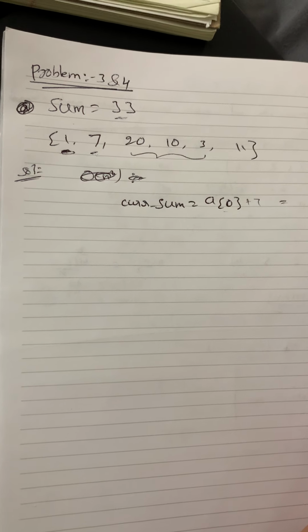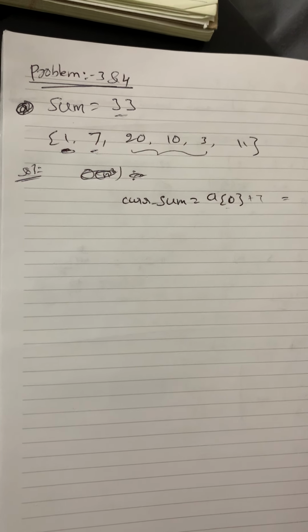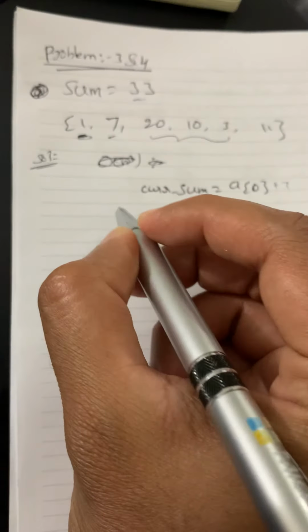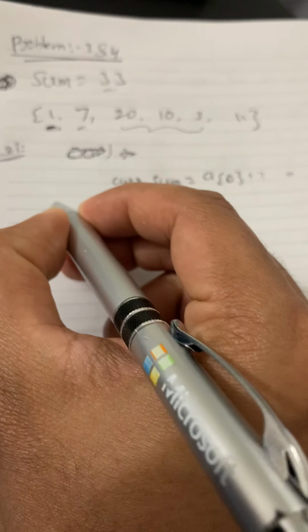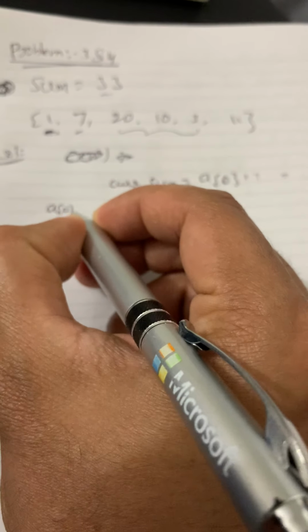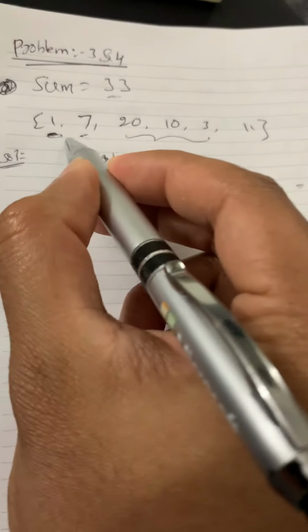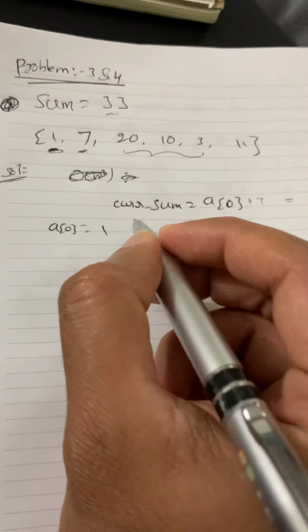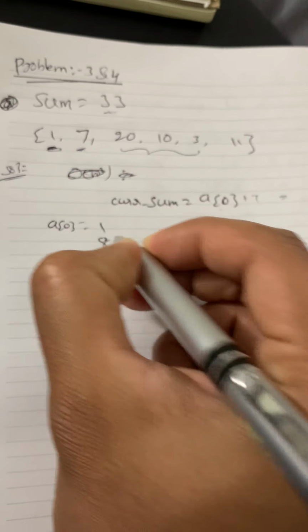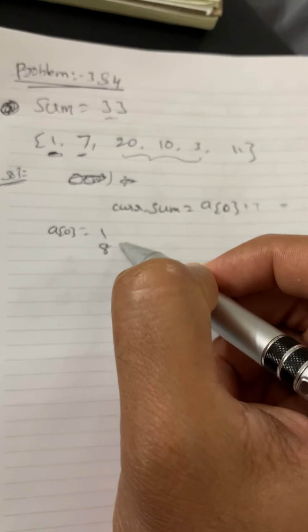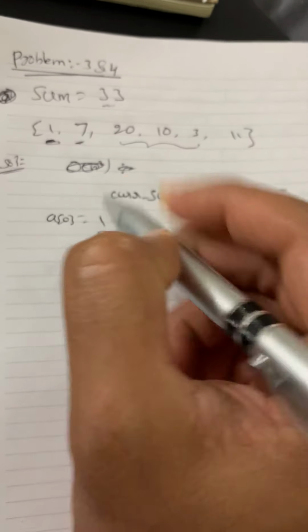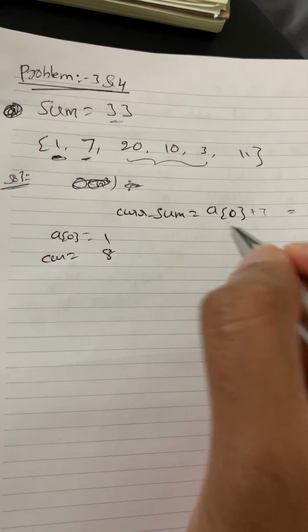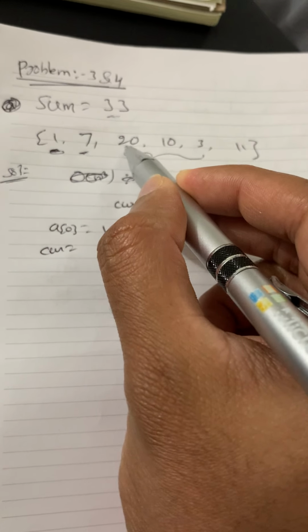But for writing a program, I took some help from Google. So basically the logic is, when I traverse through the list, the initial element is 1. The next time we explore a new element, it will be a 7. So 7 plus 1, 8. So current sum is holding 8, and the next element is 20.